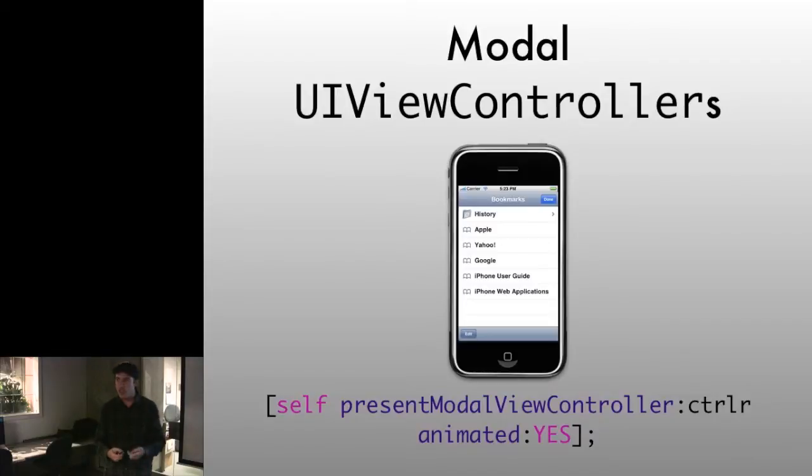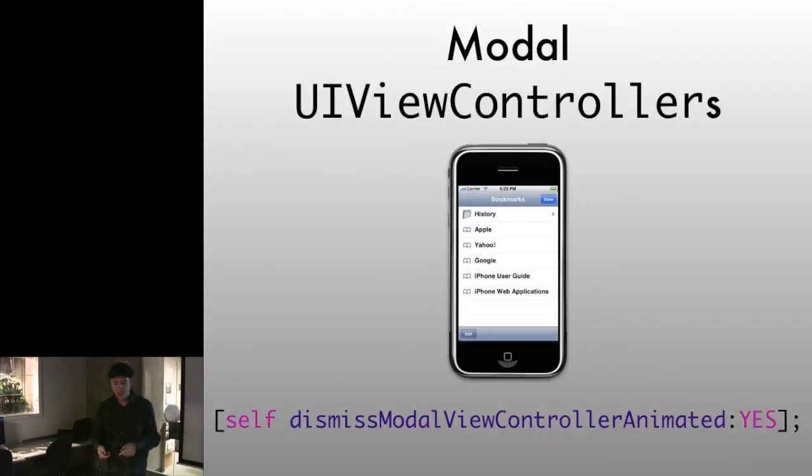So any view controller can present a view controller modally, and then to make one go away, you just say dismiss. And this method works a little bit weirdly in that if a view controller is currently presenting a modal view controller and you call this, it will dismiss the view controller it presented.